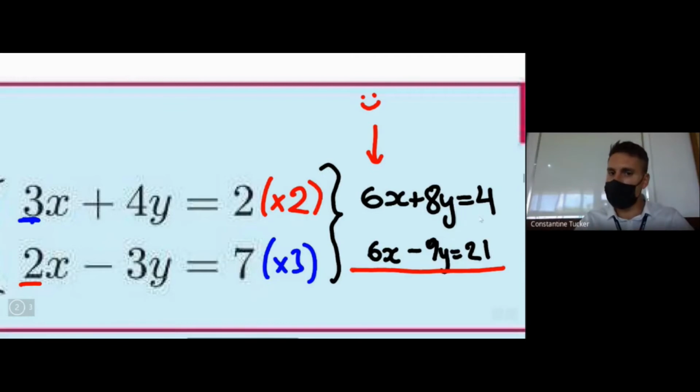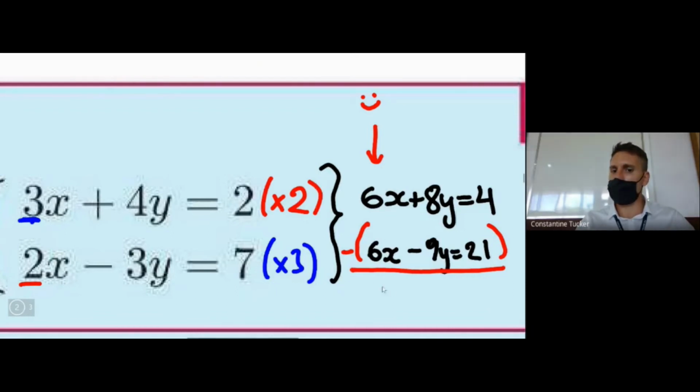Now in this case, notice, because it's 6x and 6x, we will need to subtract to eliminate it. So we need to do minus, and although this is not mathematically correct, minus the entire thing. Mathematically, you wouldn't write it down this way, minus brackets an entire row, but I think it's good for you guys to understand what it is we are doing. So firstly, we are doing 6x minus 6x.